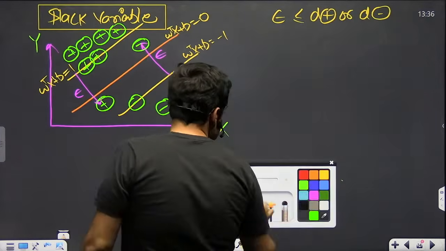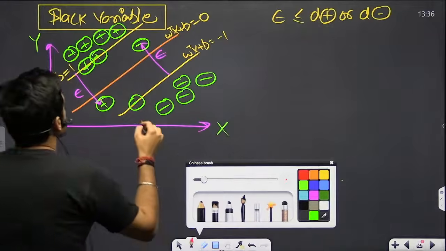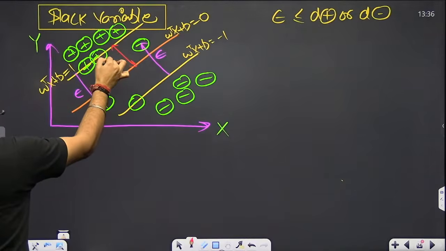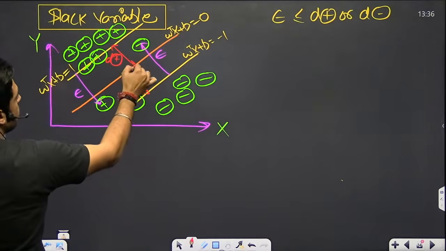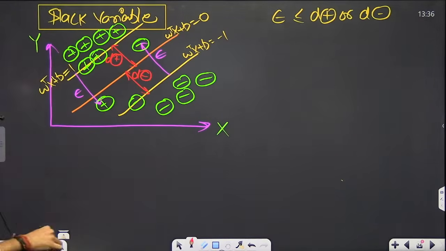Let me revise what d plus is: this is the positive distance of the support vector plane from the hyperplane, and d minus is the negative margin. That is the positive margin of separation, and this is the negative margin of separation. So now I have introduced a slack variable that checks whether there is a misclassification or not. अच्छा, अब यहाँ पर see the concept.